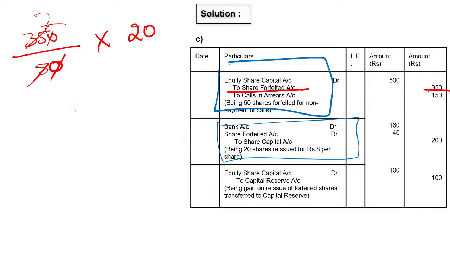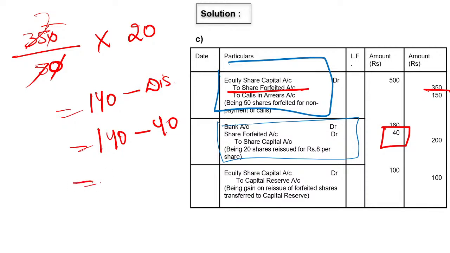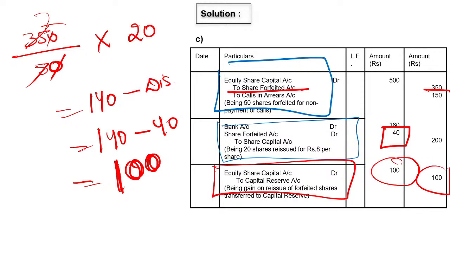So it will be 140. From this you will subtract discount. So discount is 40, so 140 minus 40. How much amount will be transferred to capital reserve? 100 rupees. So share forfeiture debit to capital reserve, 100 rupees will be transferred to capital reserve.